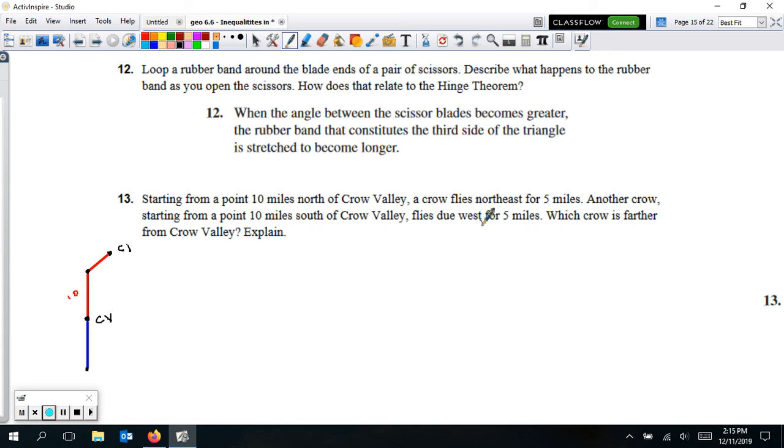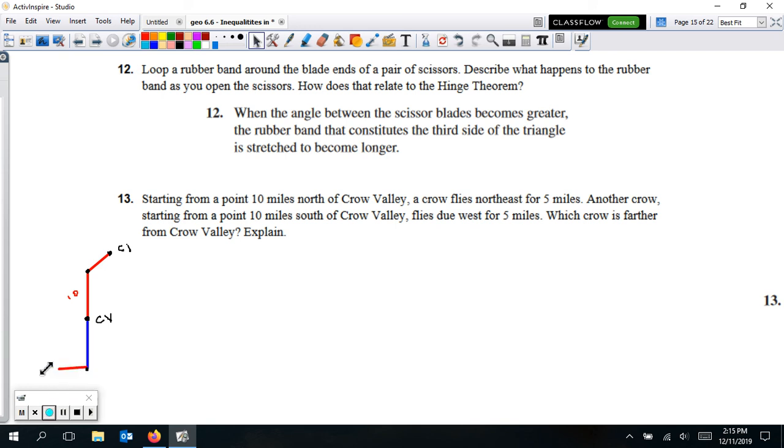This one says that the second crow, who's starting 10 miles south of Crow Valley, flies due west. West is to the left, going that direction. Due west 5 miles. So I can copy this one I had, bring it down here, and move it exactly due west.